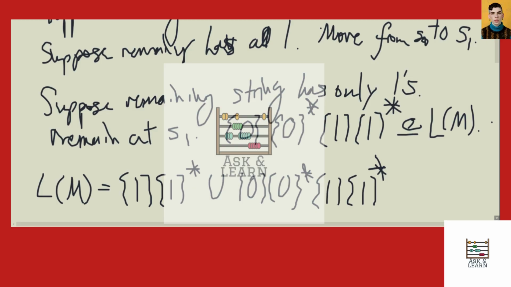And we see that this can actually be abbreviated as, since the first element can be either 1 or 0, this can be abbreviated as 0 star, and then after that, a 1, and then a 1 star.